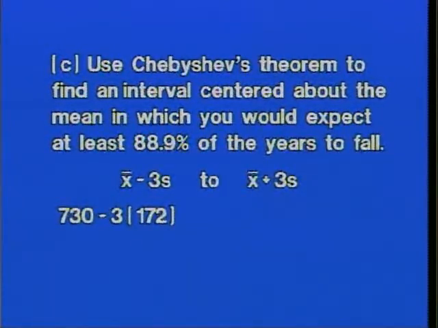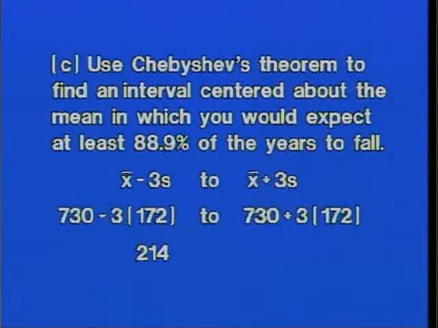So it's 730 minus 3 times 172, or 214, to 730 plus 3 times 172, or 1,246. So we're expecting 88.9% of the years to fall within this range of 214 tornadoes to 1,246 tornadoes.